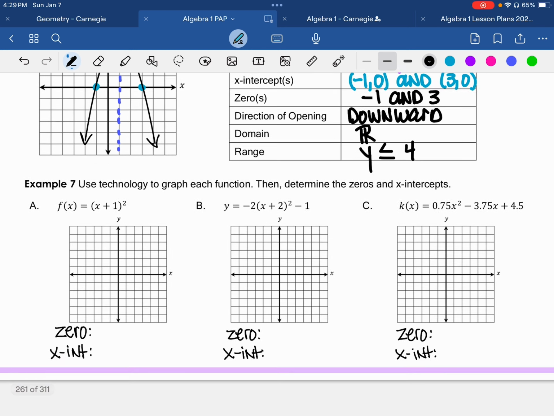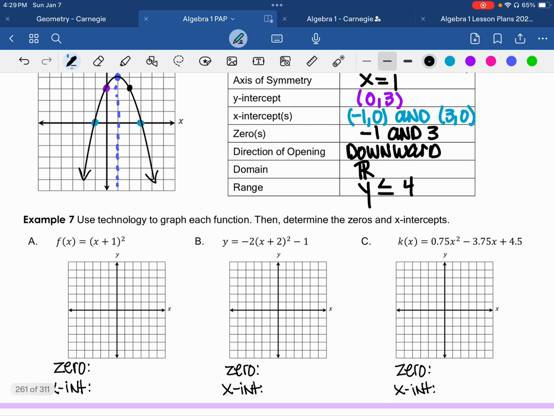All right, in our last example, we used our graphing technology one last time to graph these 3 graphs and to record their zeros and their x-intercepts. What I noticed from each one, when we graphed this one, it hit there and there and looked something like this.